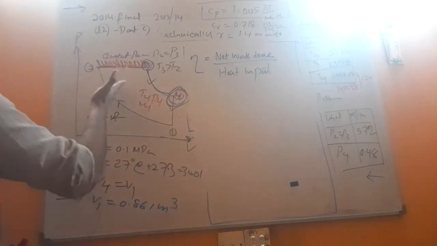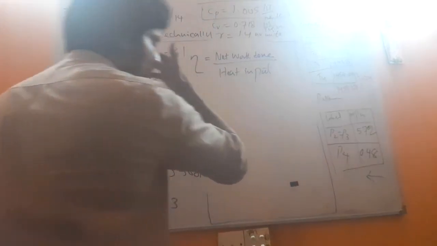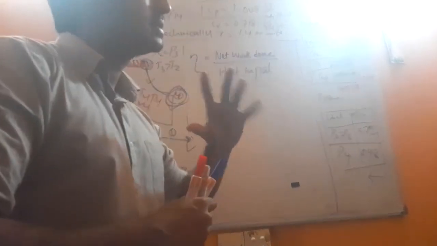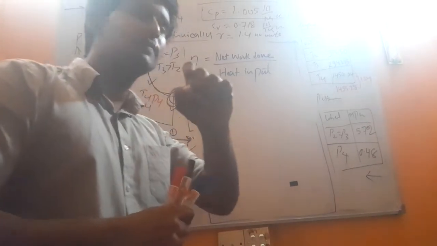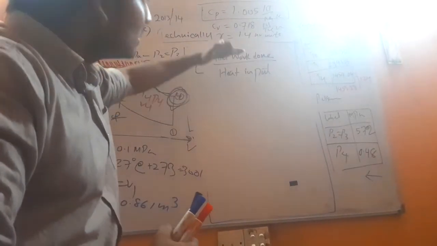We are not going to worry about the actual heat energy given by the fuel, because for that they would need to give us related information about the source of fuel. Cycle efficiency means the net work done divided by the heat input.